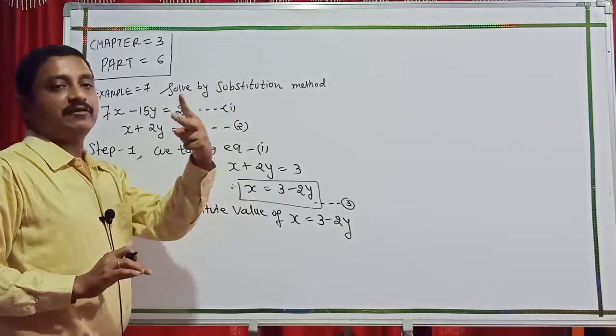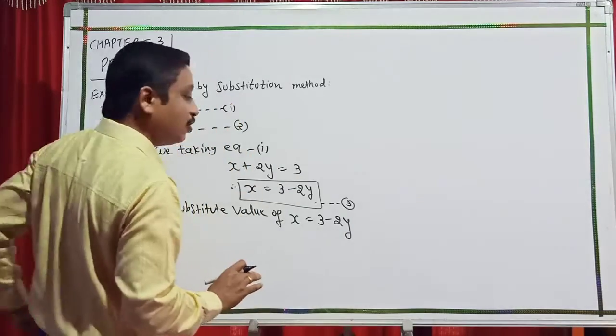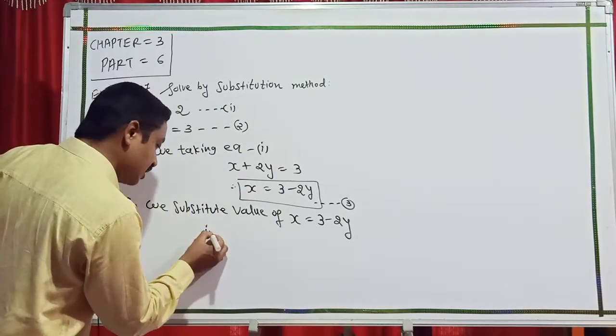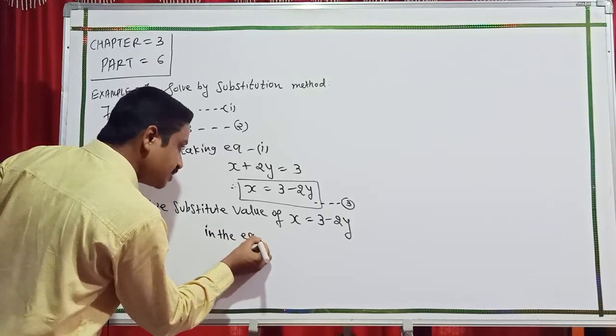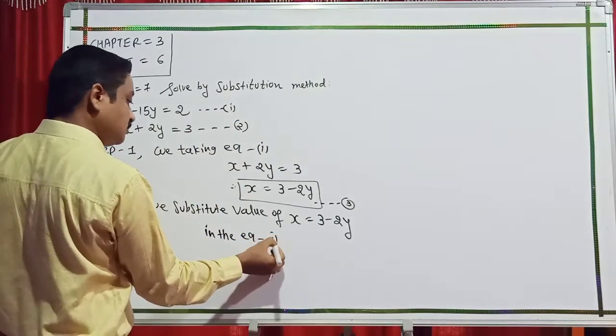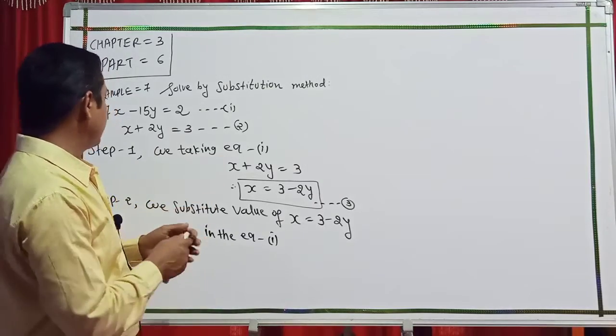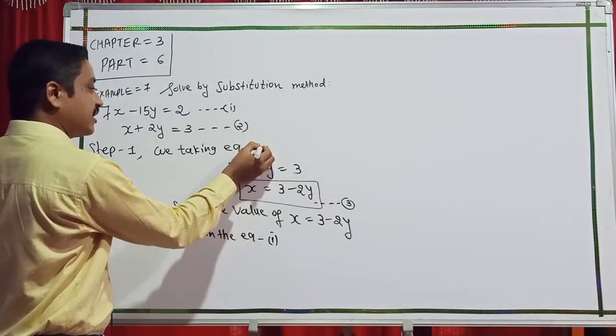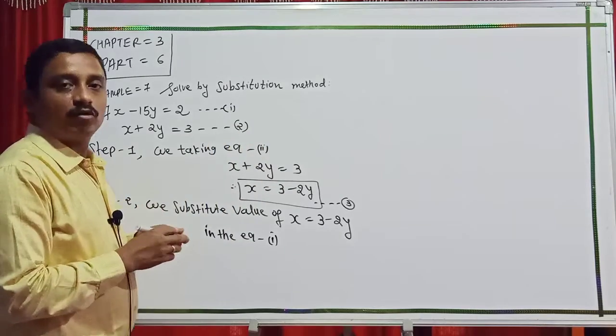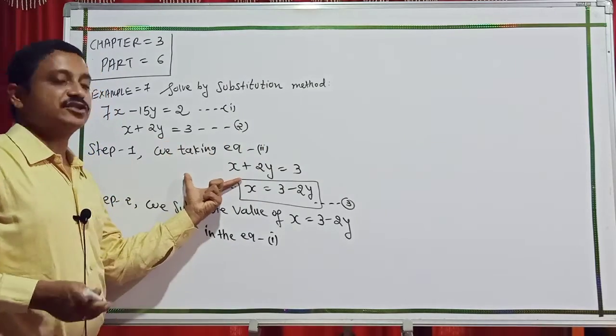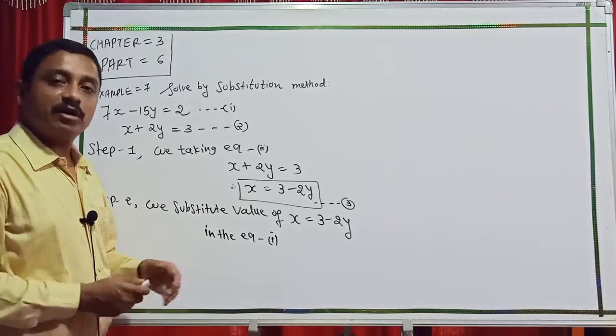Sorry, my mistake there: we are applying it in equation number 2. x plus 2y equal to 3 is equation number 2, so apply it here in equation number 1.